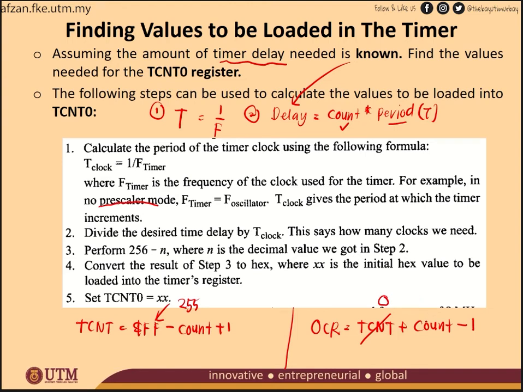So you already have the count that you calculated from the second equation. Then you get your OCR, which is the level that you want to set, so that when the TCNT equals OCR, the flag will raise, and then you have generated the delay.